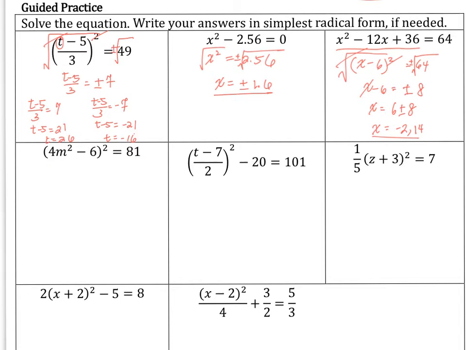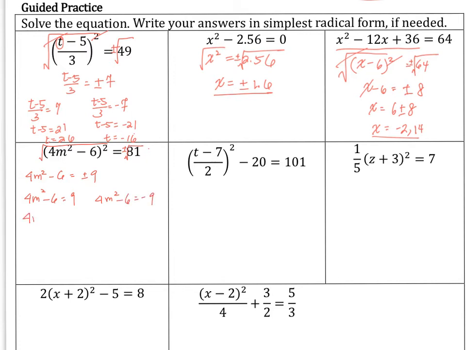For this one, I will take the square root of both sides first. So this will be 4m squared minus 6 equals positive or negative 9. So now I have two possibilities. 4m squared minus 6 would equal 9, or 4m squared minus 6 would equal negative 9.